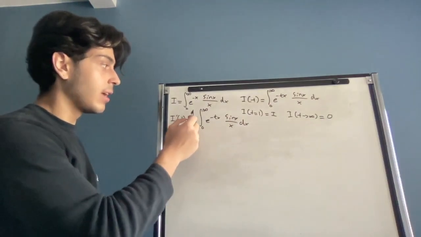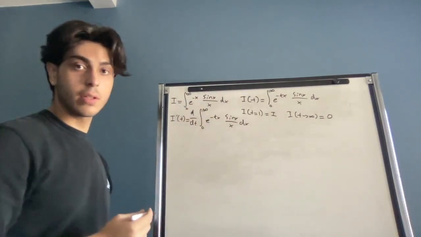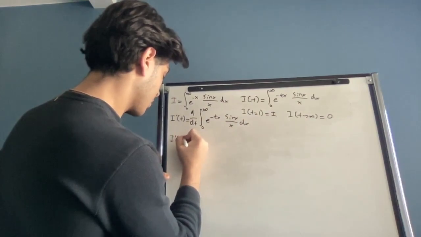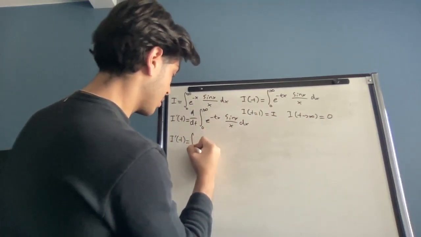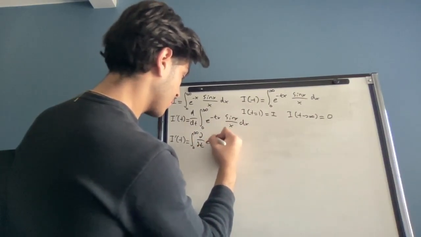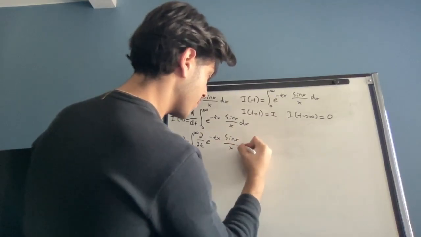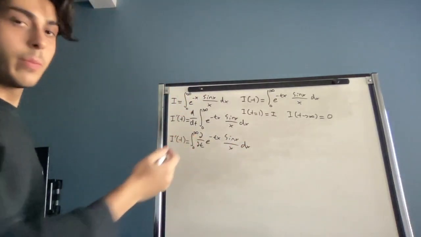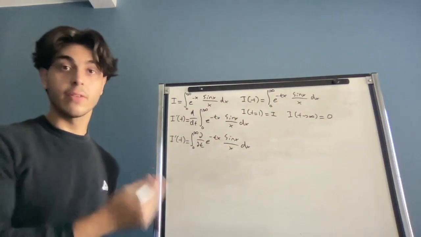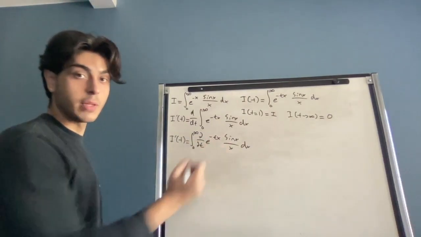This means that as long as this integrand is convergent within these bounds, you can take the partial derivative of the integrand. And so, with the partial derivative, that means x is basically considered to be a constant. It's not a variable as far as we're concerned. So, the only thing with the variable is this exponential function.